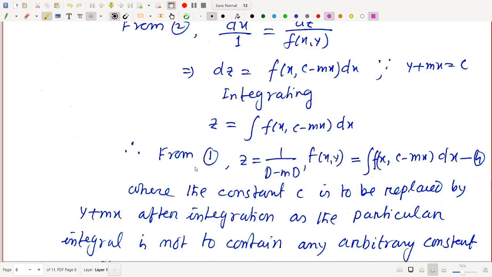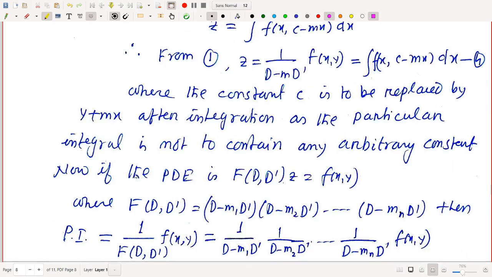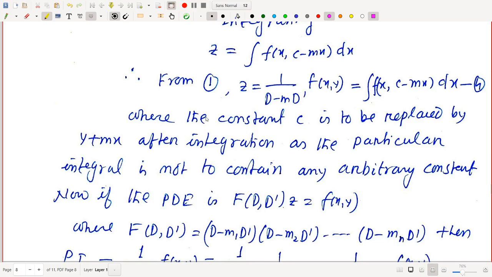So from 1, z equal to 1 by (D minus mD') f(x,y) is equal to the integration of f(x, c minus mx) dx, number 4, where the constant c is to be replaced by y plus mx after integration, as the particular integral we are finding is not to contain any arbitrary constant or arbitrary function. So the result is true.